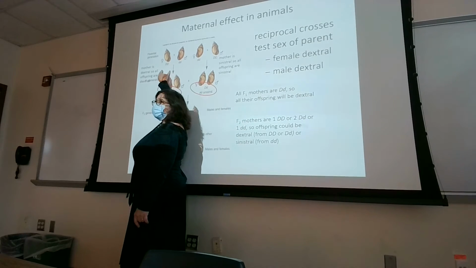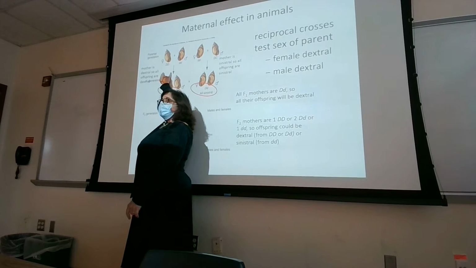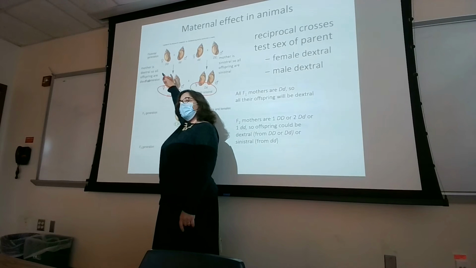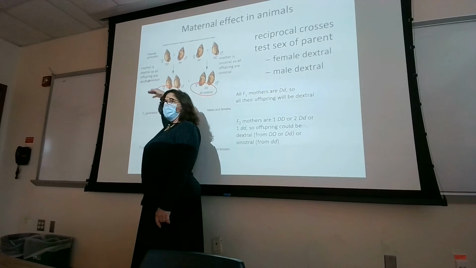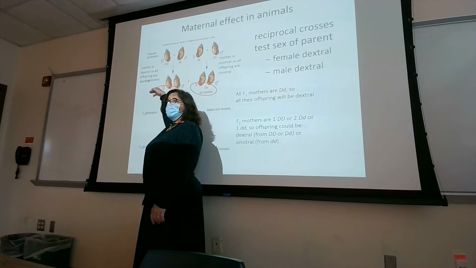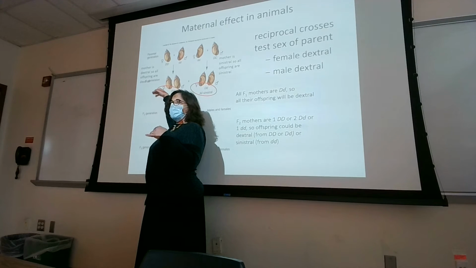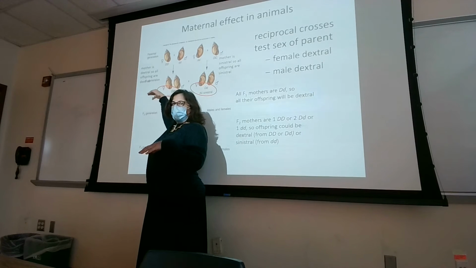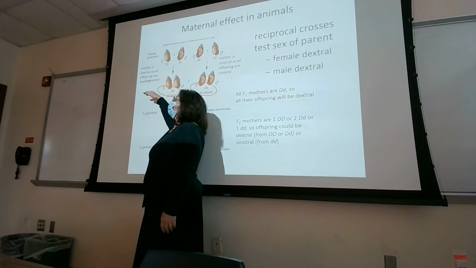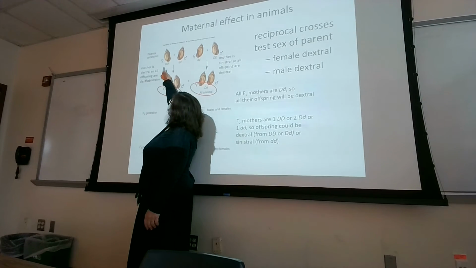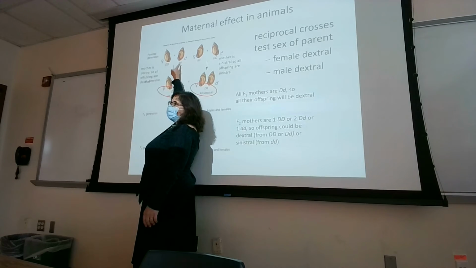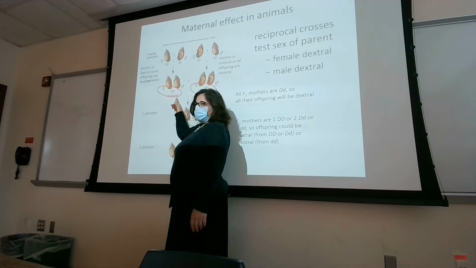All heterozygotes. Now, if this is a Mendelian trait, what would that give you in the next generation if they were all heterozygotes? What would you expect if right is dominant to left? All right-handed, because that's dominant, right? Now, with your female as dominant and your male as recessive, you do get that.